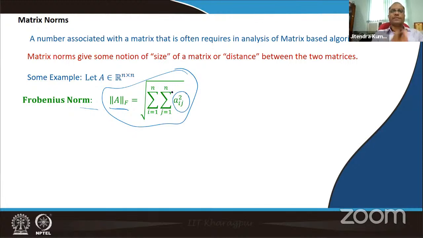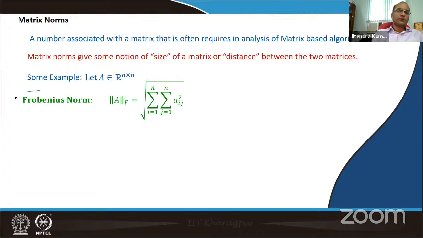You square each entry of the matrix, sum all the entries, and take the square root. So given a matrix, you can easily find the Frobenius norm. There are many norms, so we are discussing just a few very simple ones which we can test on our given system.